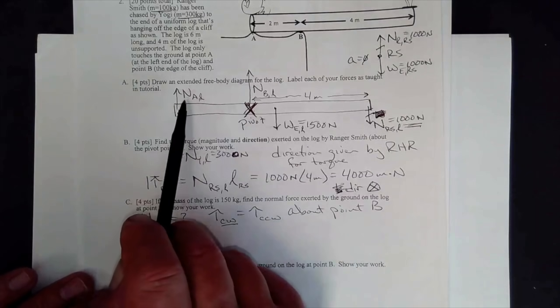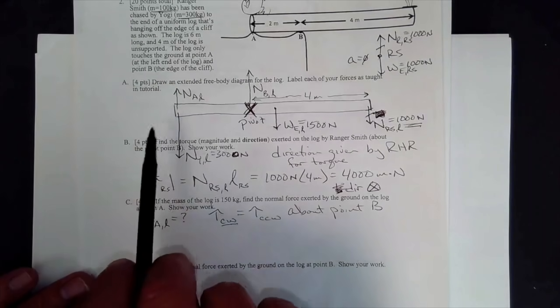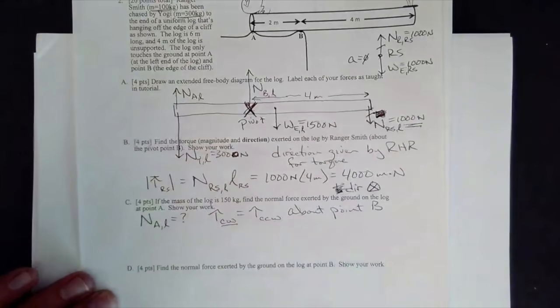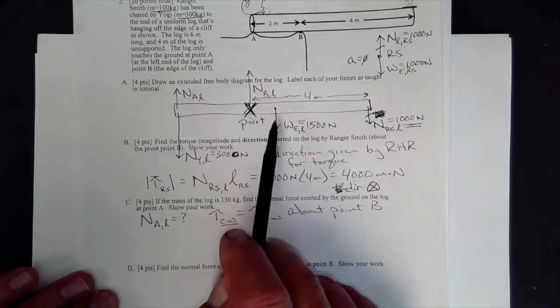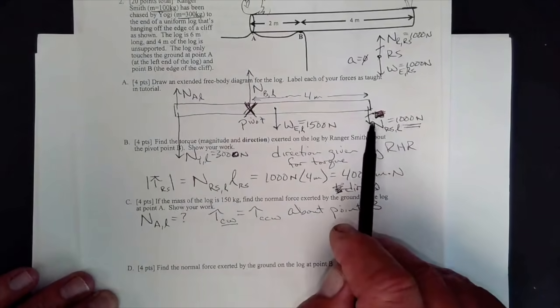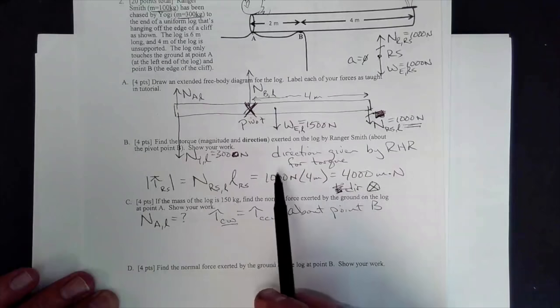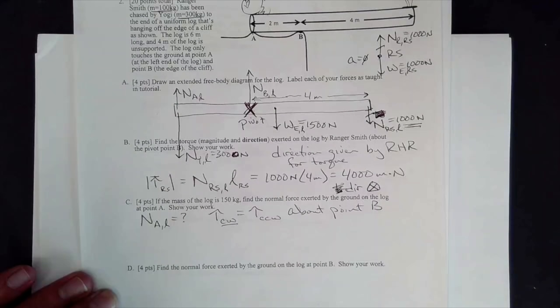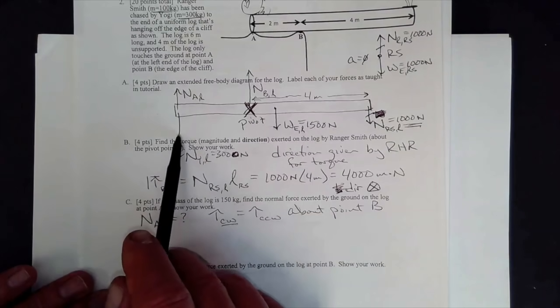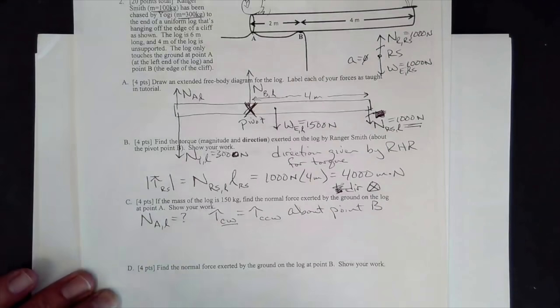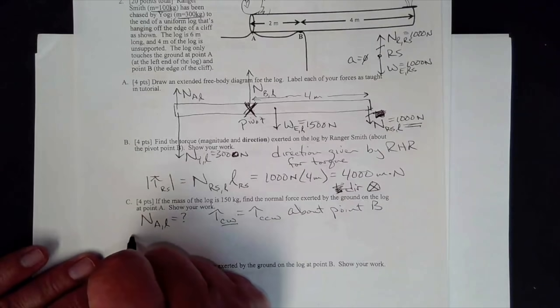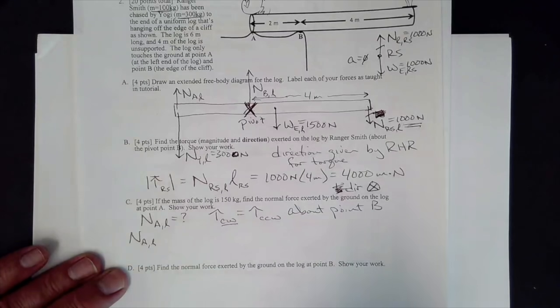Well, this normal by A is trying to make it go clockwise about the pivot. Likewise, the weight force is trying to make it go clockwise, the push by the Ranger clockwise. The only force that's trying to make this whole log rotate about the pivot counterclockwise would be the push by Yogi.